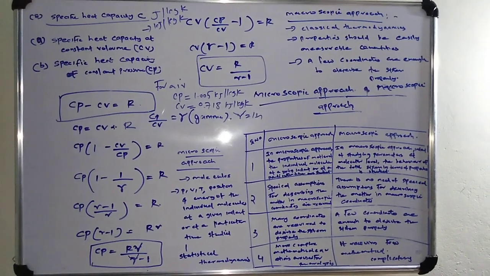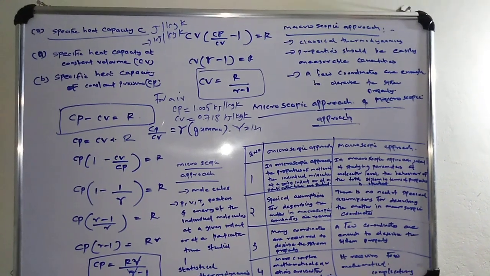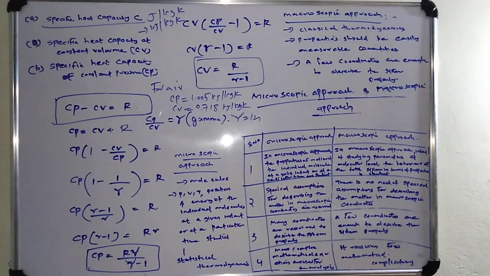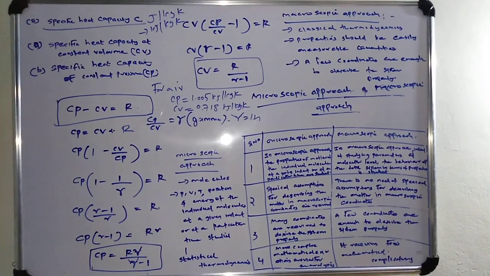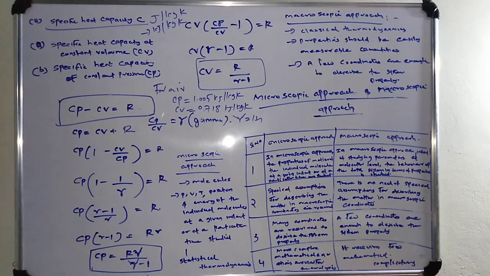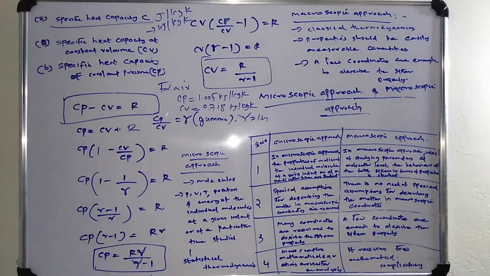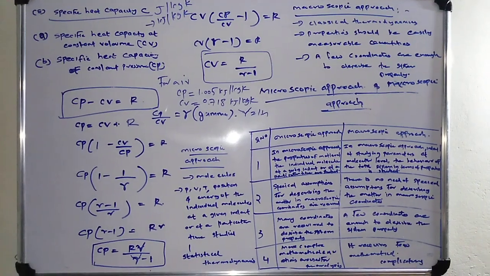Next one, specific heat capacity at a constant volume, Cv. It is defined as the quantity of heat required for raising or lowering the temperature of unit mass of the substance through 1 degree when the volume remains constant.